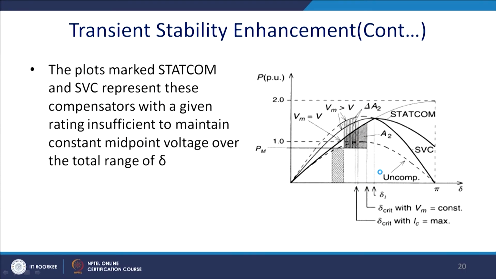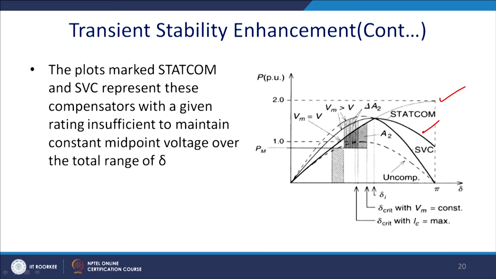The plot marked Vm equal to V, I shall come now, represents the P versus delta power obtained with the ideal compensator holding the midpoint voltage constant. So, see that this is the case. So, this is the area and this is the case with the STATCOM and this is the case with the SVC.